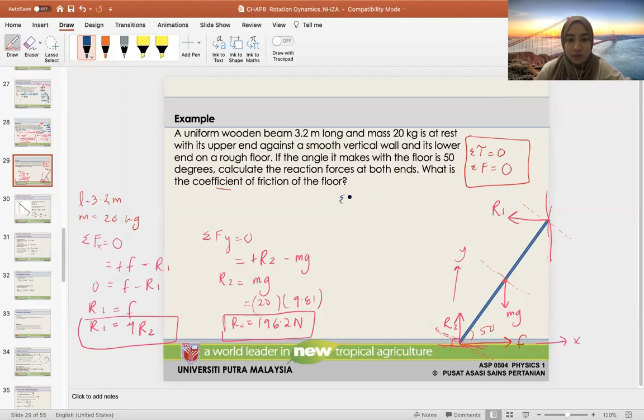Net torque is equal to 0, and the equation for torque is RF, so don't get confused. Here I need to resolve my forces in the perpendicular direction to the beam. So this becomes theta, and this becomes mg cosine theta.